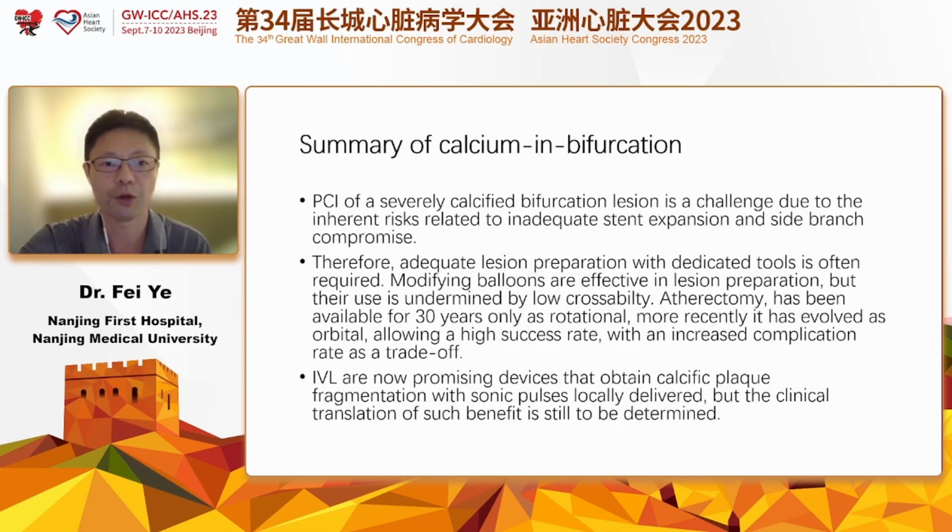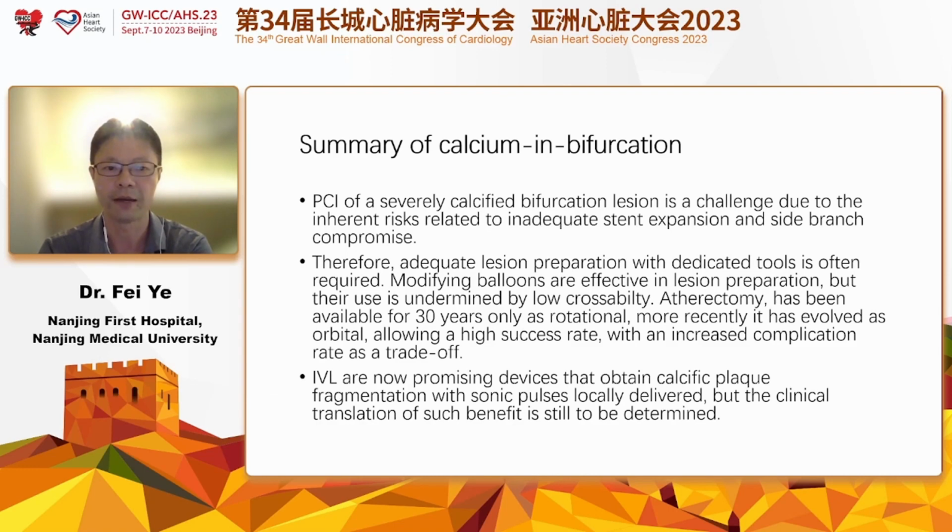So, summary for calcium in bifurcation lesion: PCI for severely calcified lesion is a challenge due to the inherent risk related to inadequate stent expansion and side branch compression. Therefore, adequate lesion preparation with dedicated tools is often required. Modified balloons are effective in lesion preparation, but their use is undermined by lower crossability.